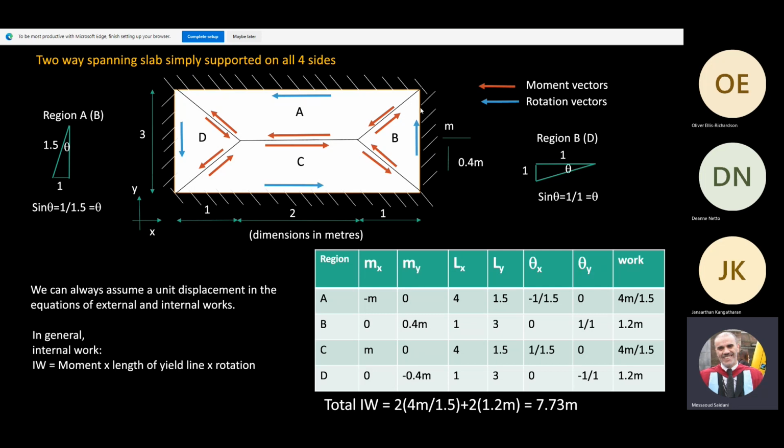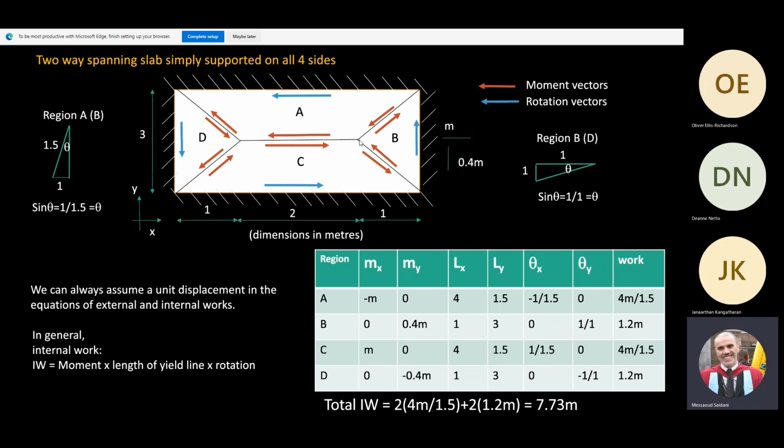So projecting this yield line onto the x-axis, we get 1, and on the y-axis, you get 3. Okay? Now, this is the rotation vector. The rotation vector is in the y direction. So on the x-axis, it's 0. And on the y-axis, what have we got?